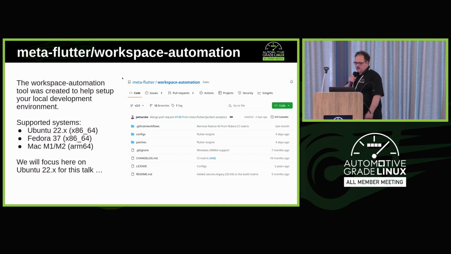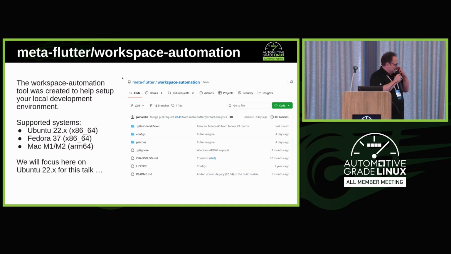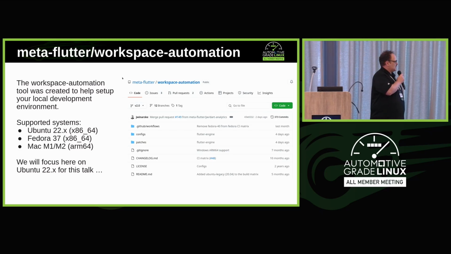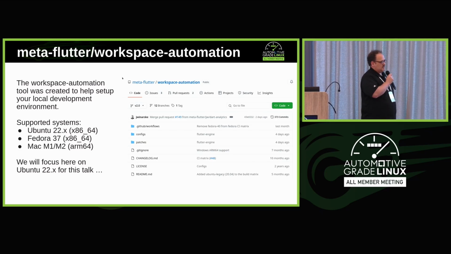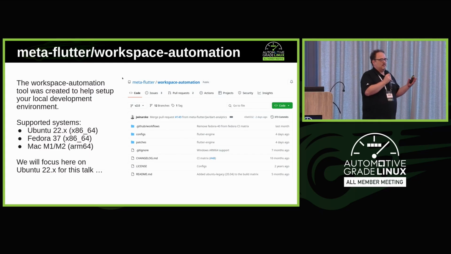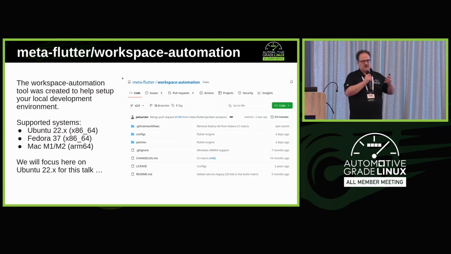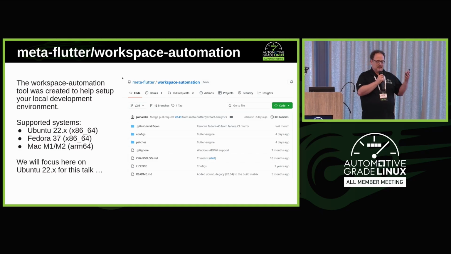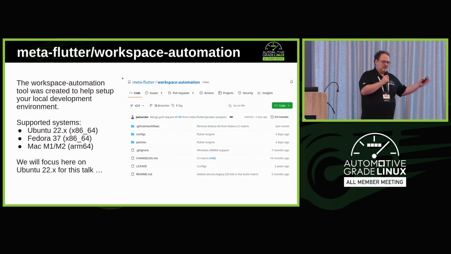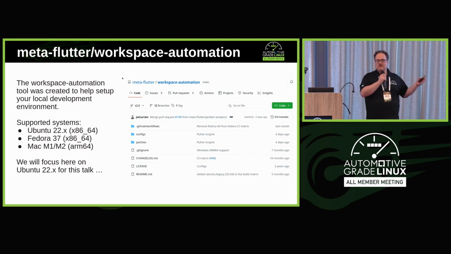The workspace automation was created to help teams set up their development workspaces because there are quite a few moving parts: the Flutter embedder, the Dart SDK, and so on, and they want to have their proper settings in tools like Visual Studio Code.